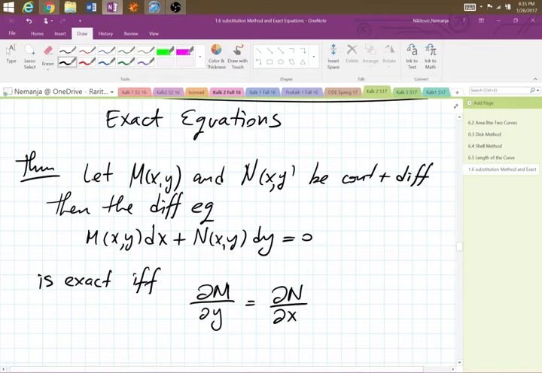So if that's the case, in Calc 3 we said we can find the potential function whose gradient would be our problem, actually. And we do that through integrating.